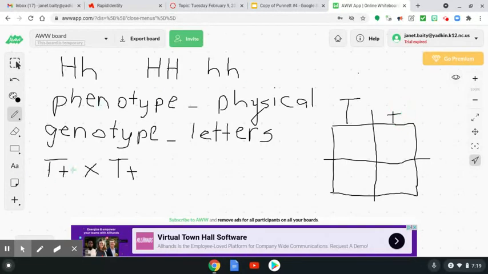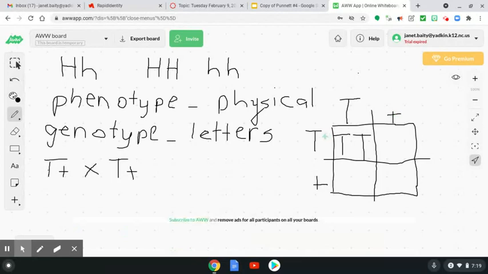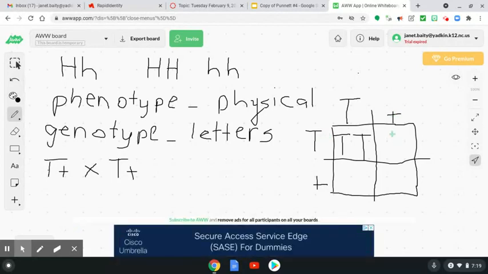The first set of letters go across the top. The second set of letters go down the side. So the first one on the top and the first one on the first row goes in this box. The second one on the top and the first one on the first row goes in this box.